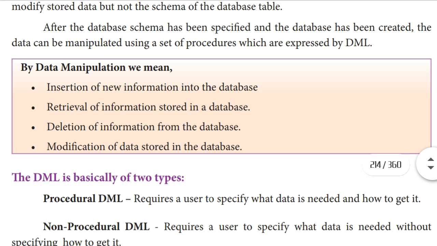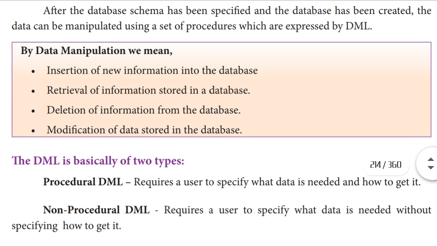By data manipulation we mean insertion of new information into the database. So we can insert new information, and retrieve information stored in a database. If you want to view any information from the database, that also we can do. Deletion of information from the database: if you want to delete anything or unwanted data stored in the table, that also we can do.